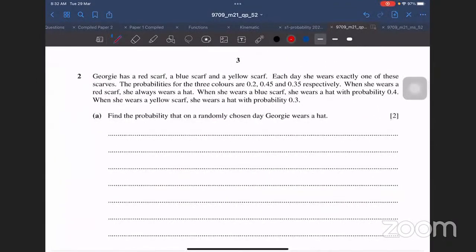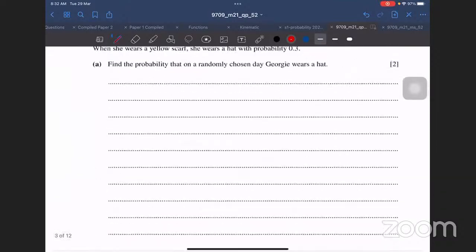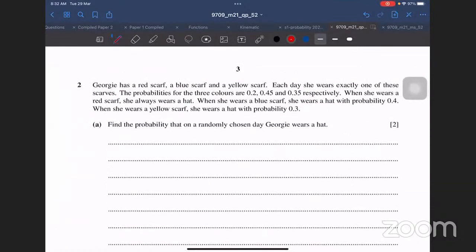The next one is probably about probability. This looks like something that I should draw a tree diagram on. Let's see what the question says. Georgie has a red scarf, a blue scarf, and a yellow scarf. Each day she wears exactly one of these scarves. The probabilities for the colors are 0.2, 0.45, and 0.35 respectively. When she wears a red scarf, she always wears a hat.